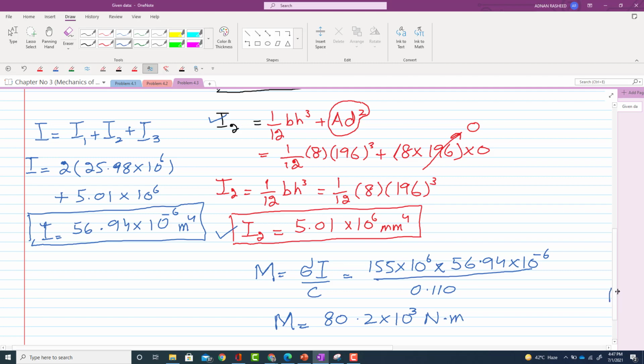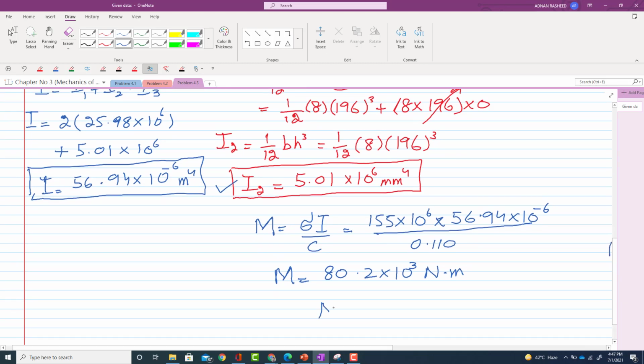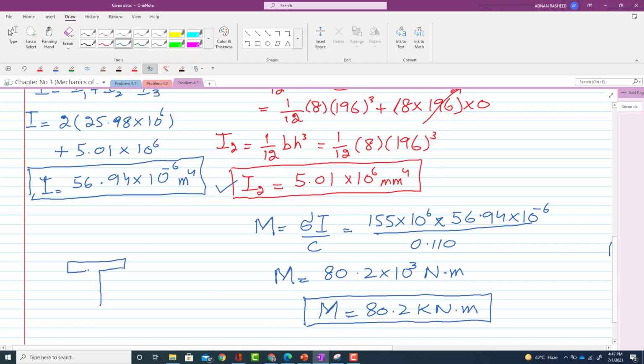Or simply you can say that the value of moment is 80.2 kilonewton meter. This is the maximum bending moment that can be applied on this beam.